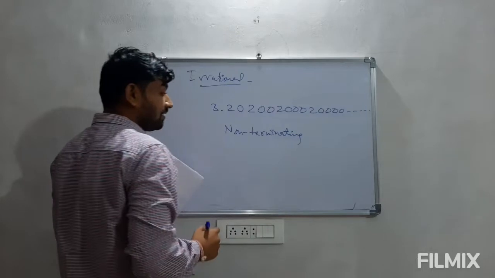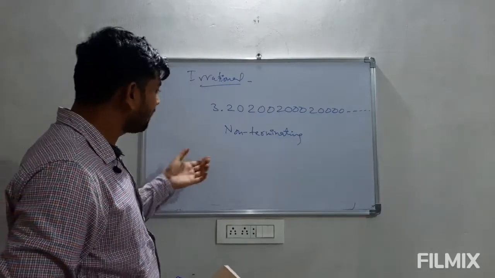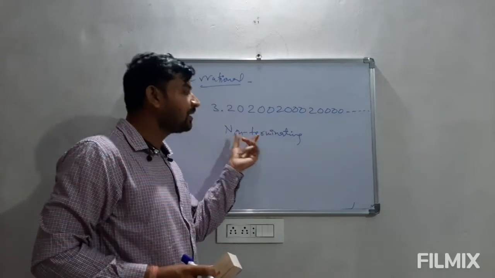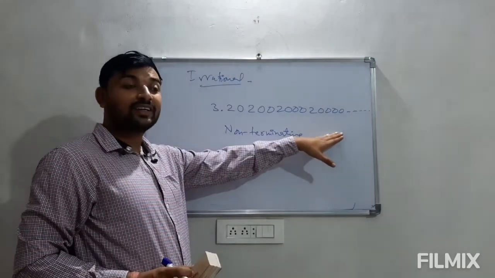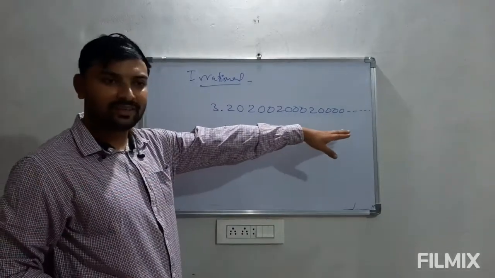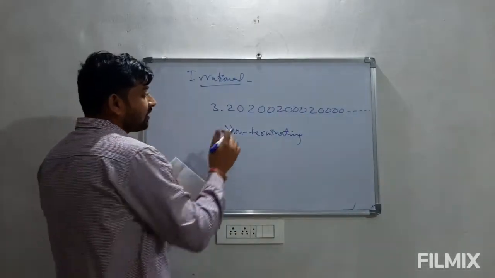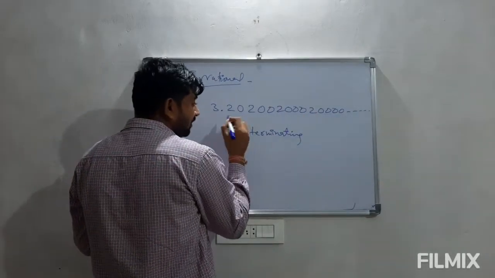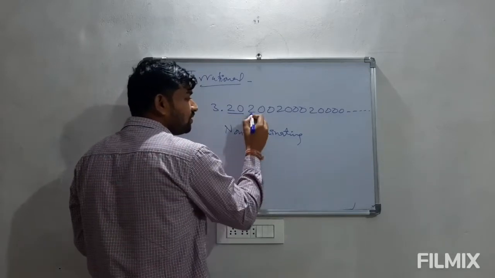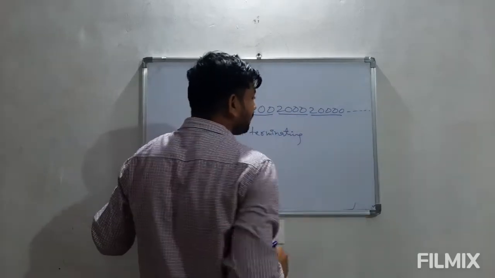As I told you earlier, in rational number there is non-terminating as well, but there I wrote recurring, means there was a repetition of digit. If I write non-terminating here, then it will be a different thing. So let us check whether it is repeating or not. When we look at this, it is 2 0, then 2 0 0, then 2 0 0, 2 4 times 0.